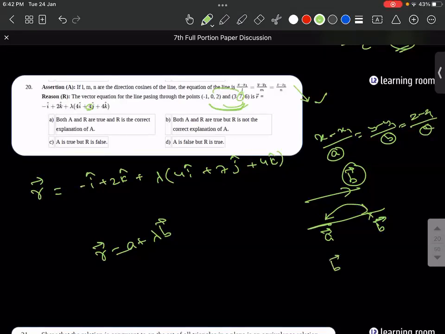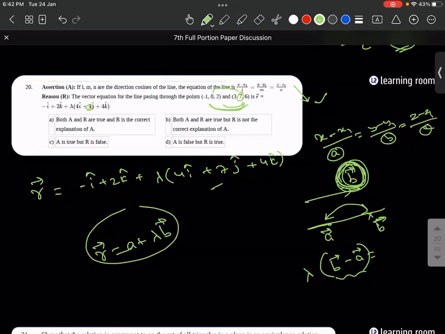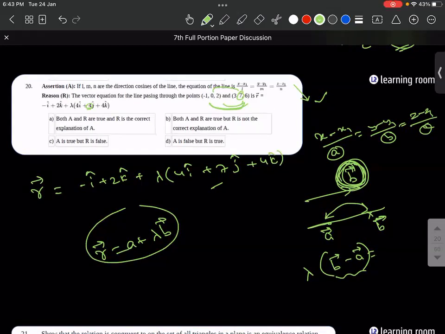That is by doing the b vector minus a vector. So that value you multiply with lambda. Because one vector is equal to lambda times another vector according to the concept of vectors. So I did this thing: 4i cap plus 7j cap plus 4k cap. So A is true, R is false.